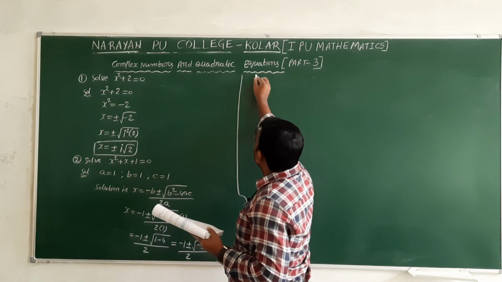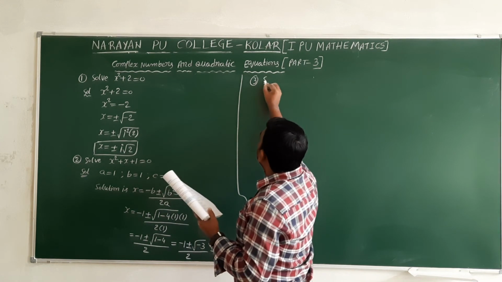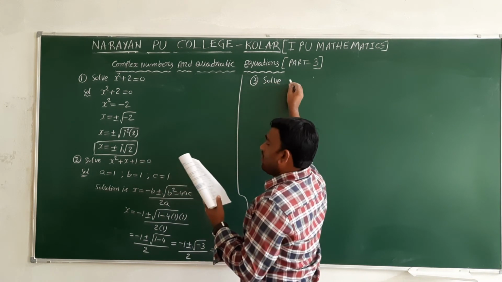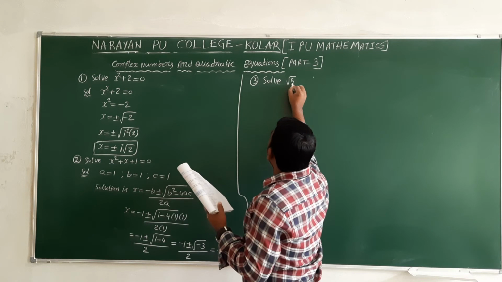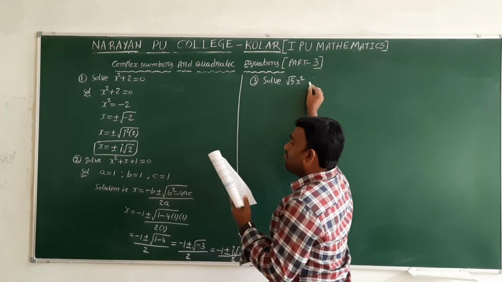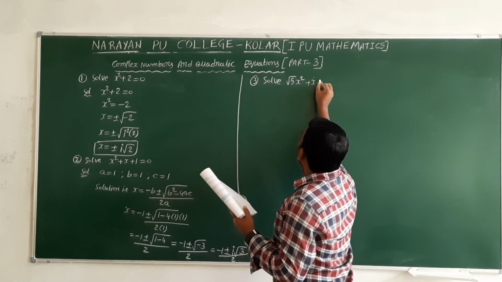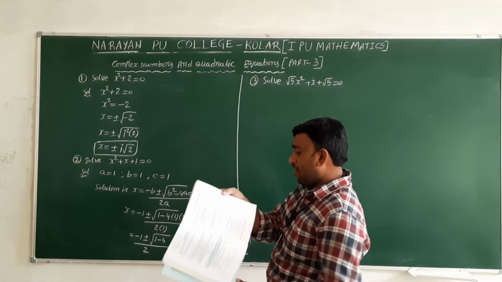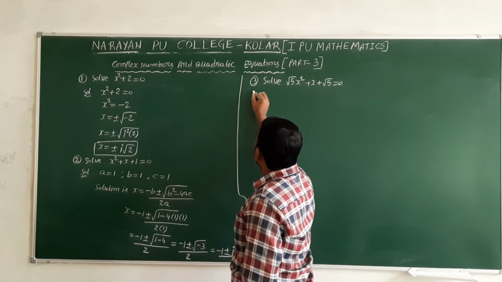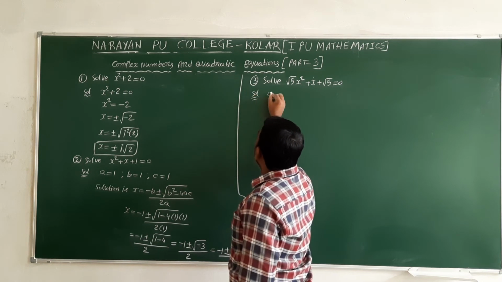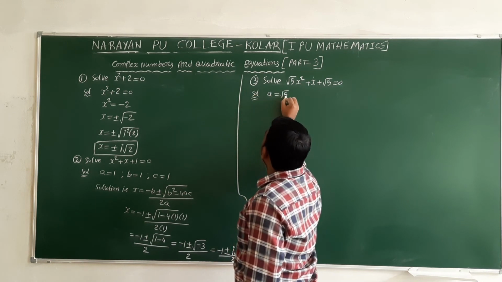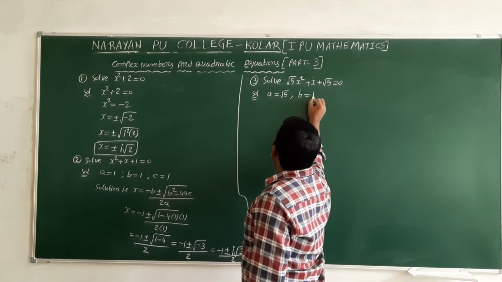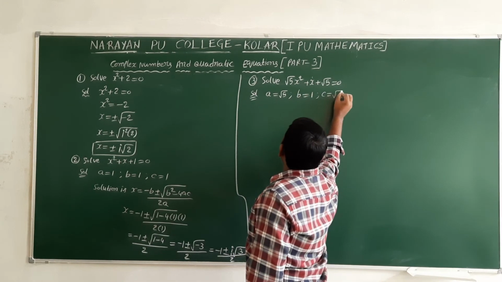Next example, solve root 5 x square plus x plus root 5 equal to 0. Always compare with the standard form. A value root 5, b value 1, c value root 5.